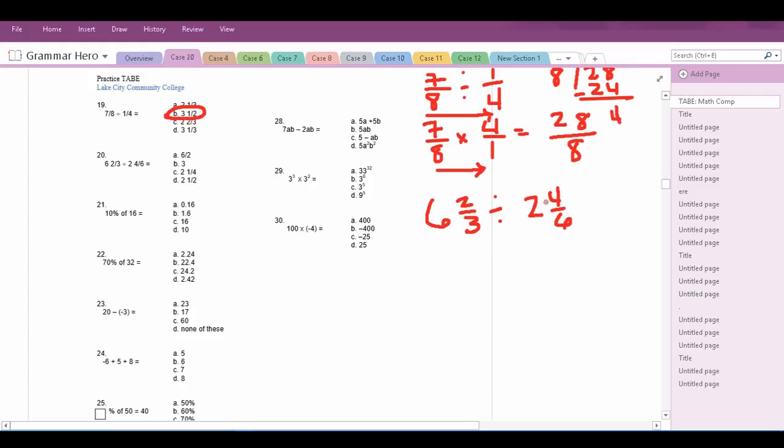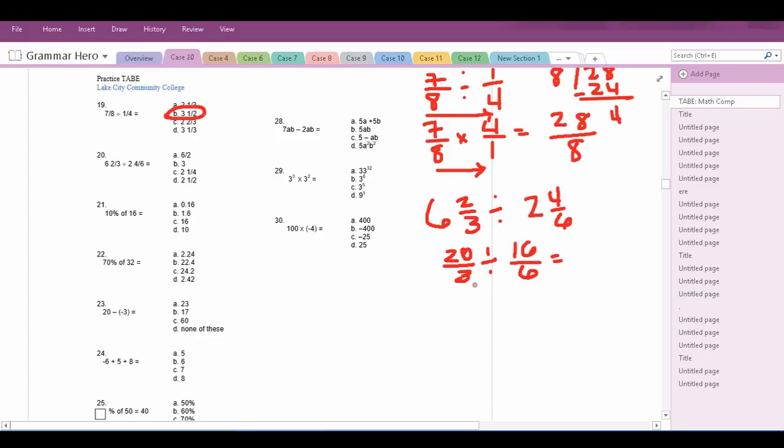They're both mixed numbers. Whenever we work with fractions, we work in fractions and then convert to whole mixed numbers at the end. So 6 times 3 is 18 plus 2 is 20 over 3 divided by 2 times 6 is 12 plus 4 is 16 over 6.